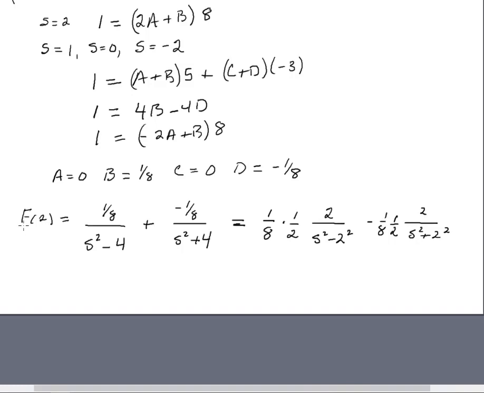So if the Laplace of f of t is equal to this expression, then I can see that f of t would be equal to 1/16 hyperbolic sine of 2t minus 1/16 sine of 2t. So I think that's all correct. Go through it a piece at a time and see if you can't get the same result. Thank you.